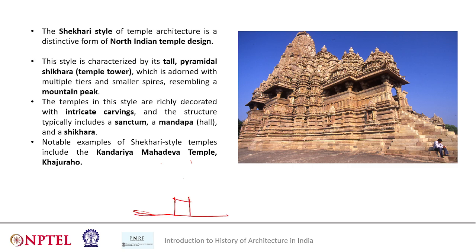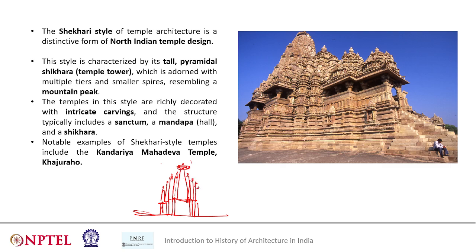So if you look, I just redraw. There are these projections in the plan, right? There's this central spine, a spire, which is topped by Amlaka. Now the smaller projections that you see are covered by spires of lesser height. This is how the Shikhari style basically looks.